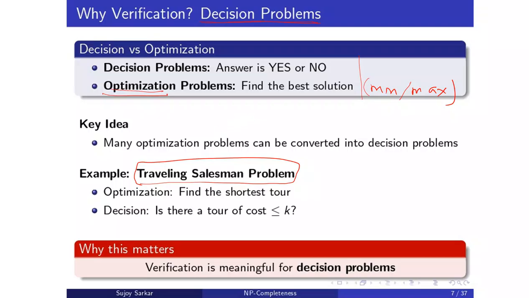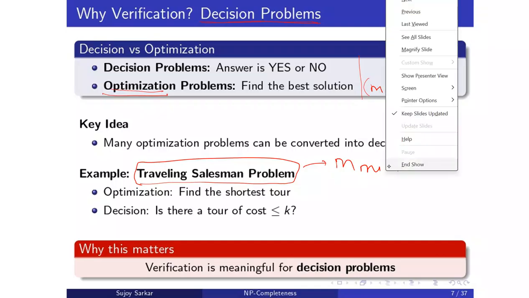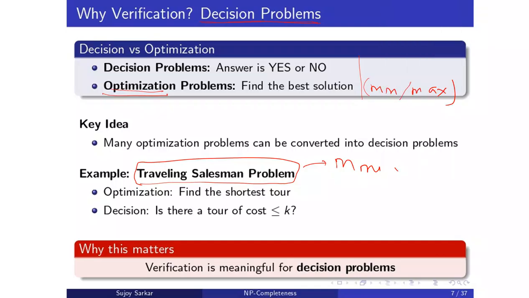In the optimization problem we ask, what is the minimum cost tour that will visit every vertex exactly once and come back to the starting vertex, with the cost being minimum? This is the optimization version of the problem.